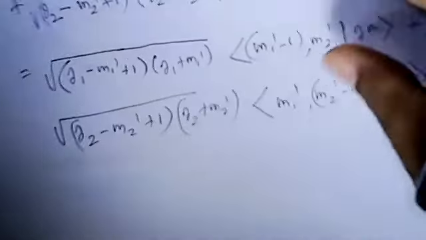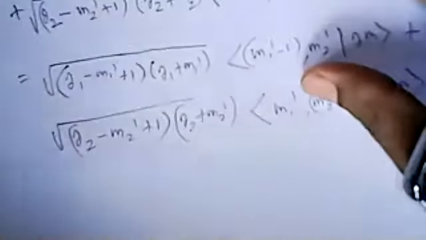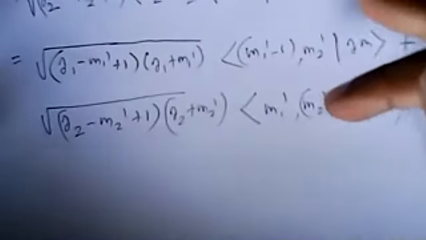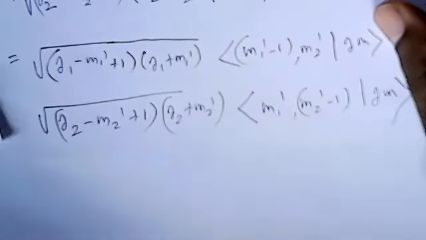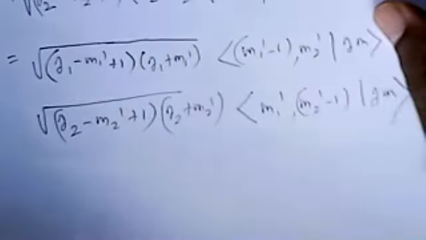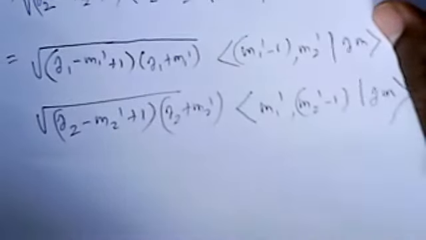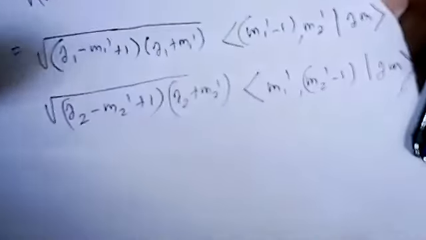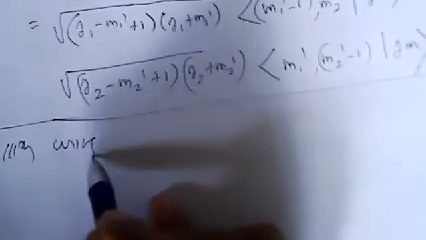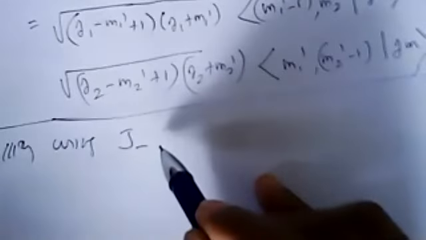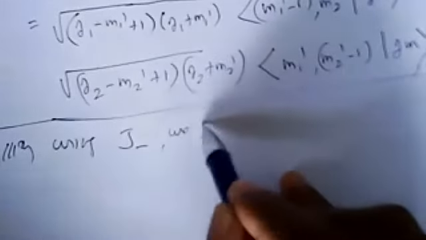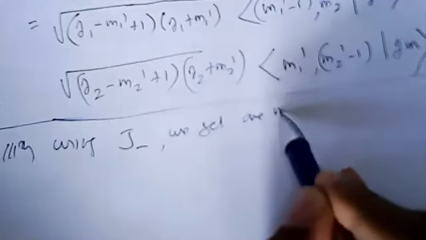Similarly, you have to do the action of J minus. This is the result of the action of J plus. Now let J minus act on a general state. Similarly, using J minus, we get one more recursion relation.